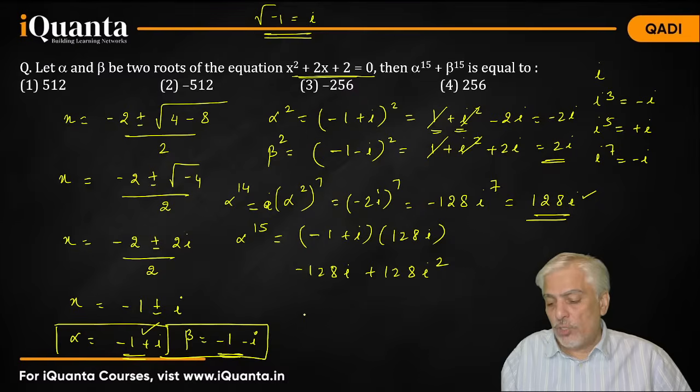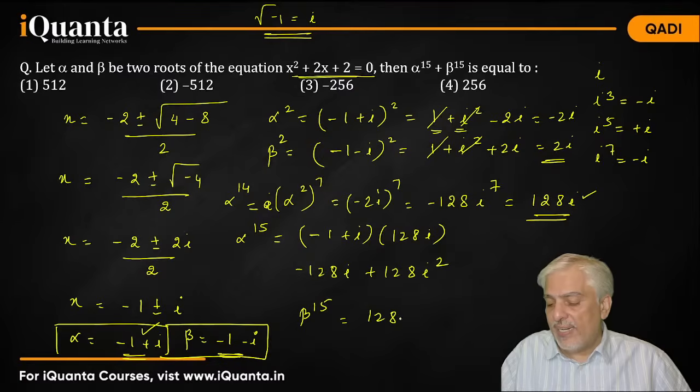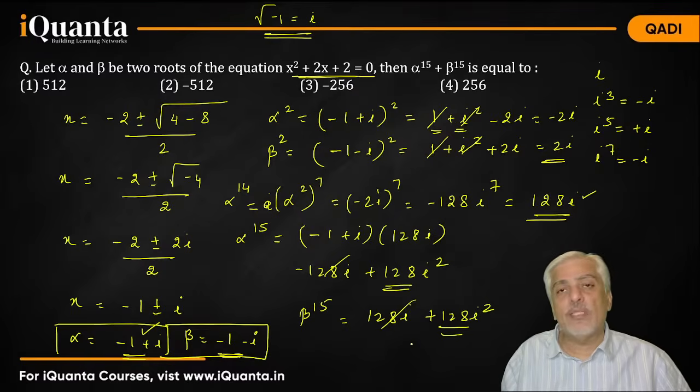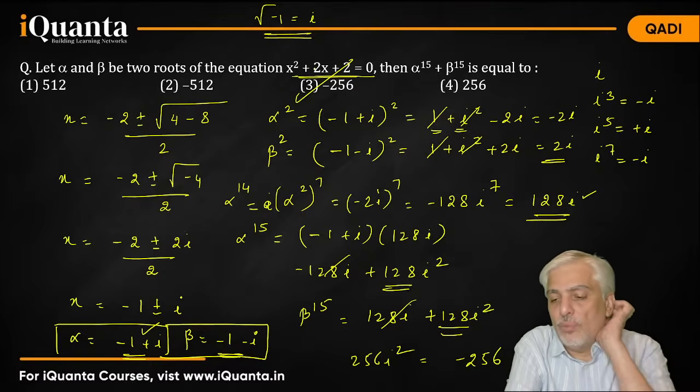Now I'm not solving and showing you. Beta raised to 15 will be positive 128i plus 128i square. When you add them, these two cut out. 128i square plus 128i square will become 256i square. I square is minus 1. So answer is minus 256, which is the third option.